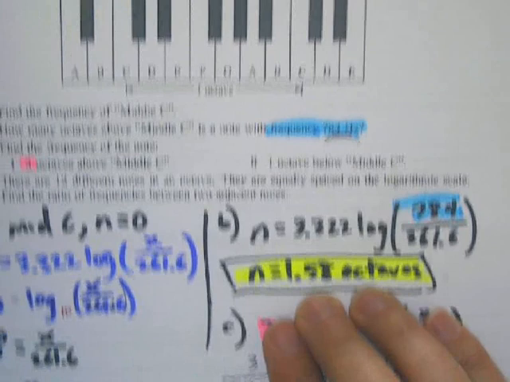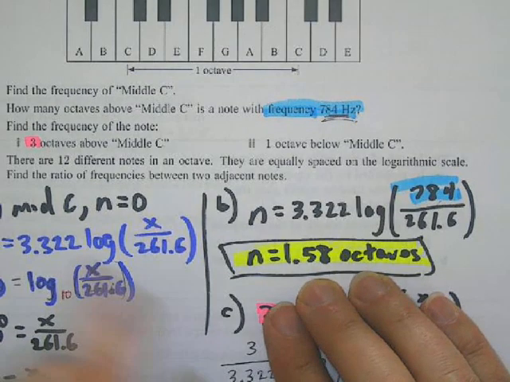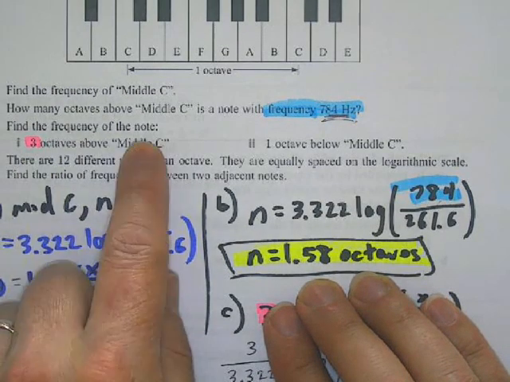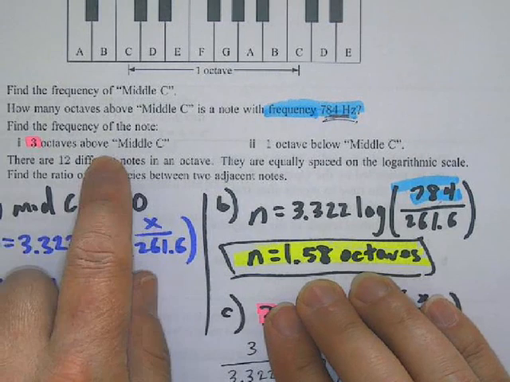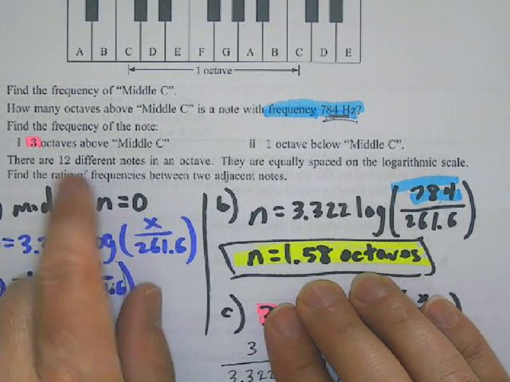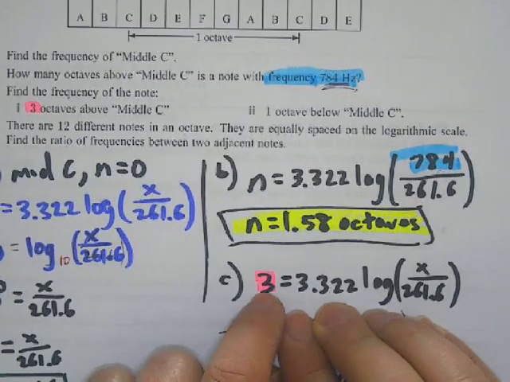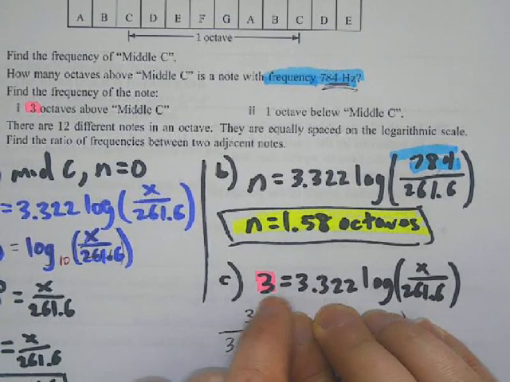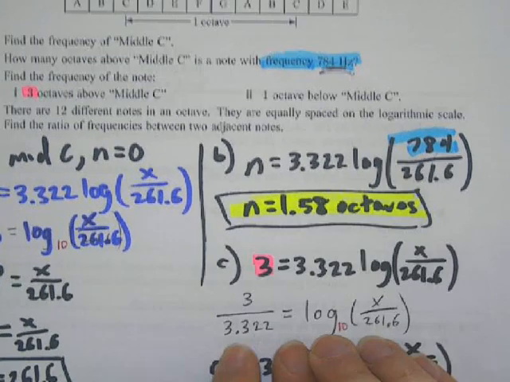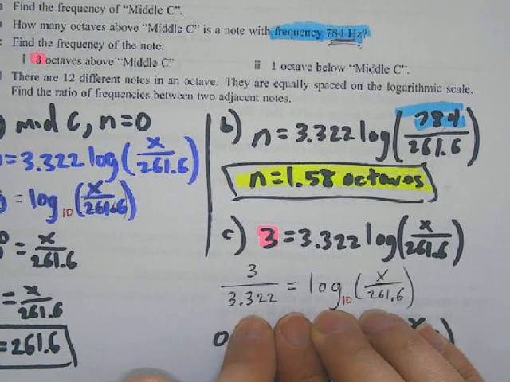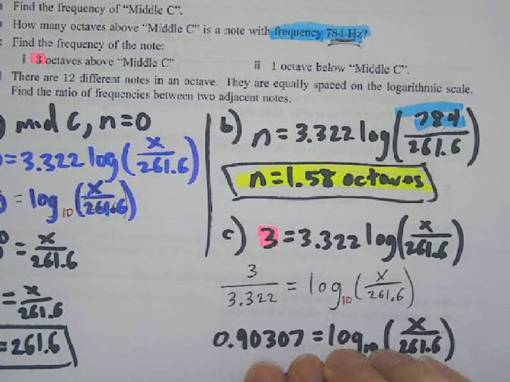Okay. And then question C, find the frequency of the note 3 octaves above the middle C. So now I'm replacing N with 3 in the equation. And so what I'm going to first do is I'm going to divide both sides by 3.322, which would have done here. And then 3 divided by 3.32 is going to give me this value here.